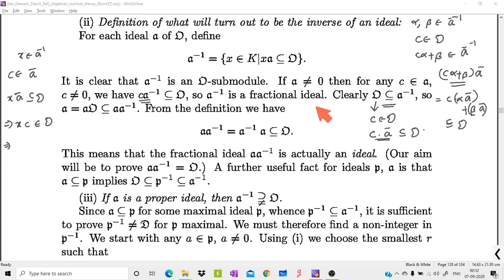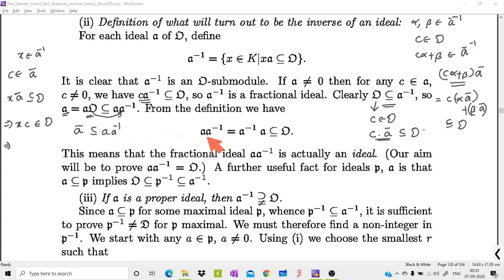So this expression would imply that by multiplying with A on both sides, since A is an ideal, A is equal to AO, and AO is contained in A inverse, because O is contained in A inverse. So we can say that this A is always contained in A inverse.